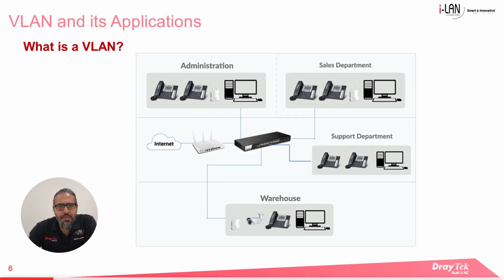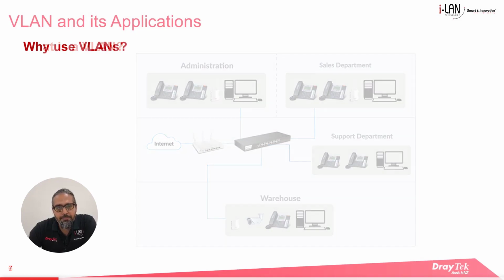Here we have a typical application of VLANs. We can see 4 local area networks: administration, sales, support department, and the warehouse. The devices in each of these LANs could be in different locations within the company, but are logically part of the same network.